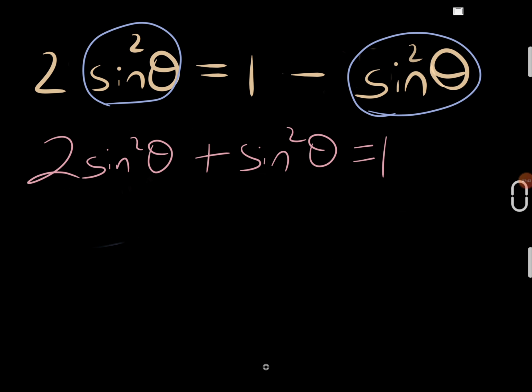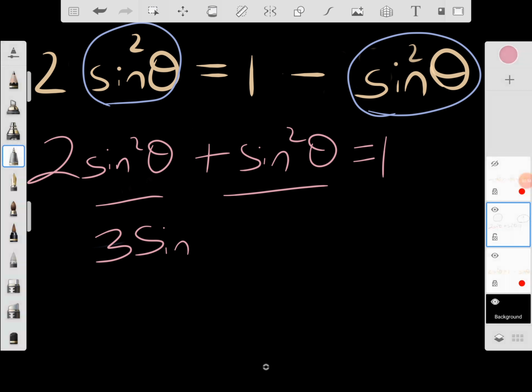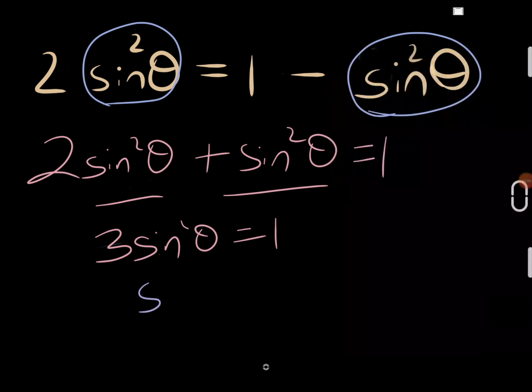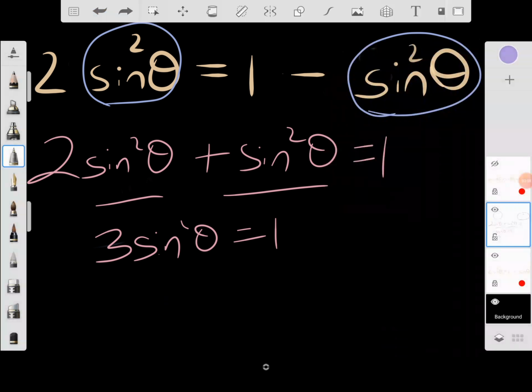And adding these two terms, you get 3 sine square theta is equal to 1, and that means dividing both sides by 3, what do I get?